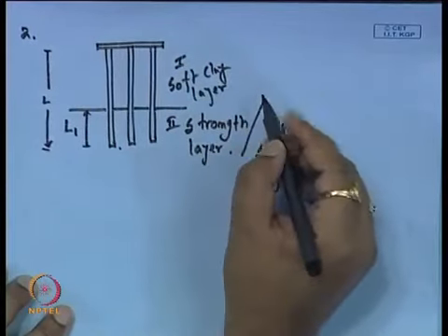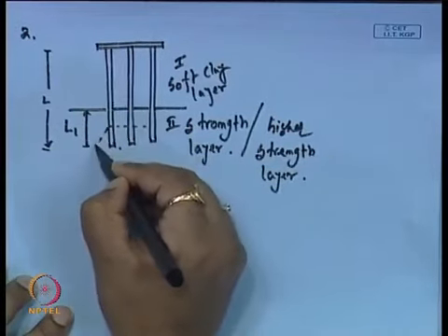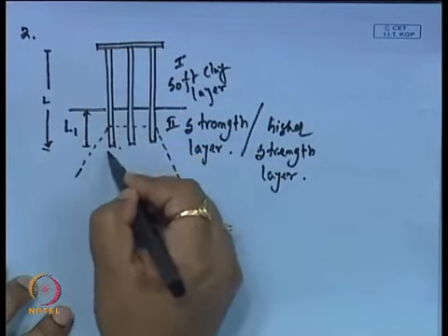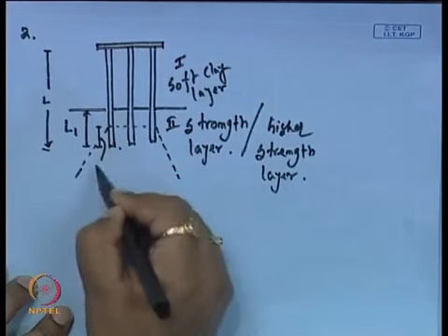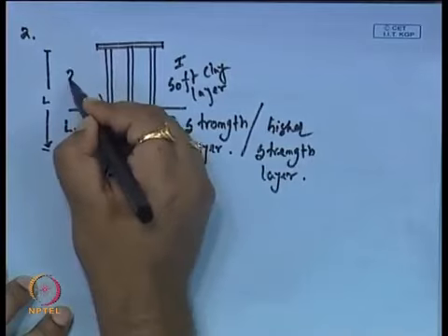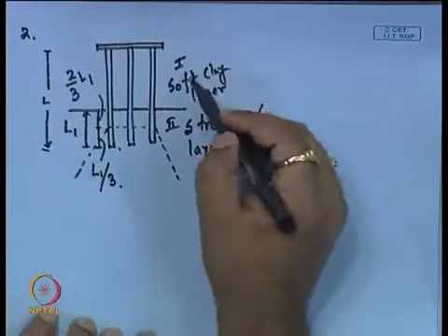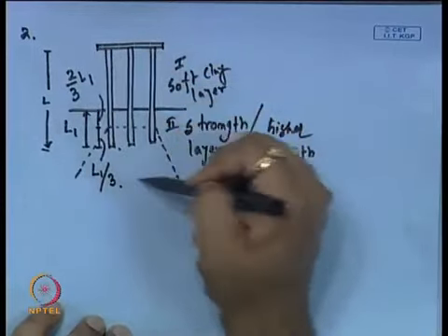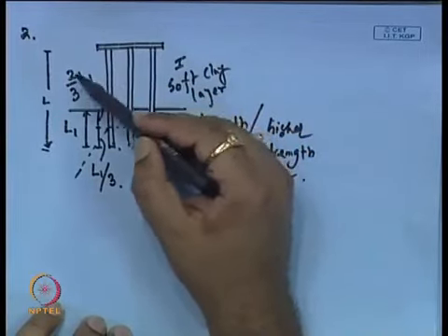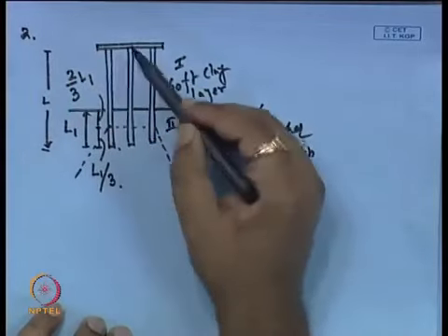Now, here the distribution will be at this level, that is, this will be the distribution layer. So, this distance is L_1 by 3 and this distance is 2/3 of L_1. In the previous case, if the pile is inserted in a homogeneous soil, in the clay layer, this distribution point starts at 2/3 of the total length of the pile from the top.